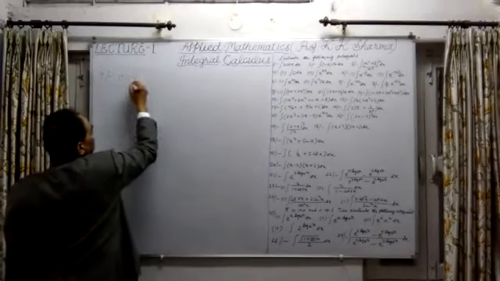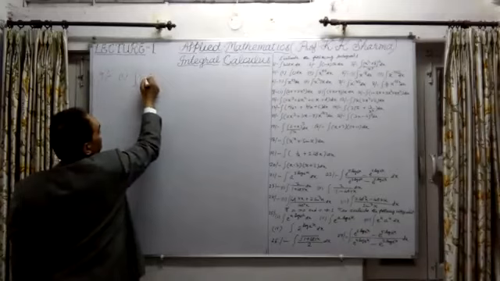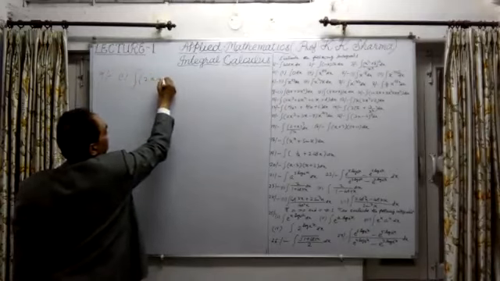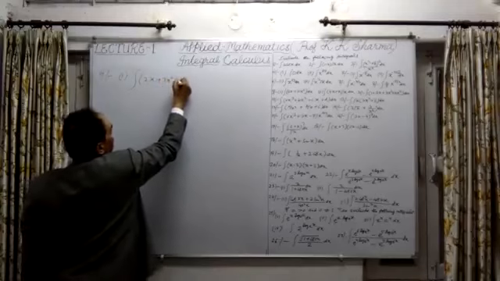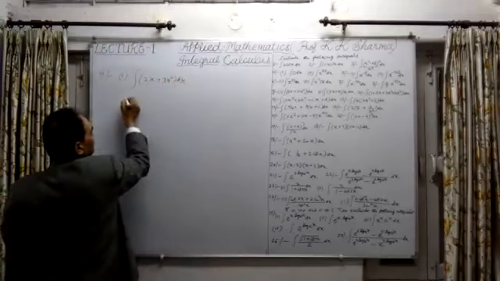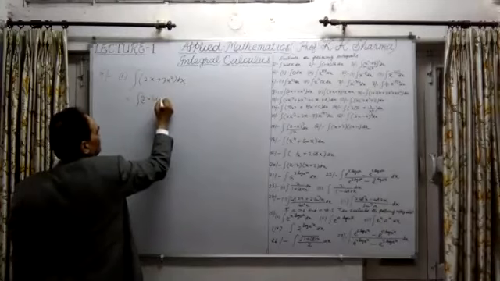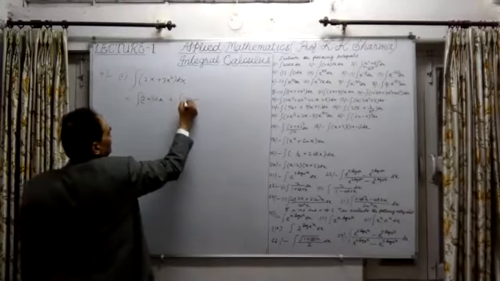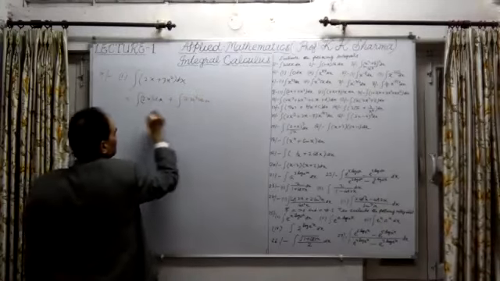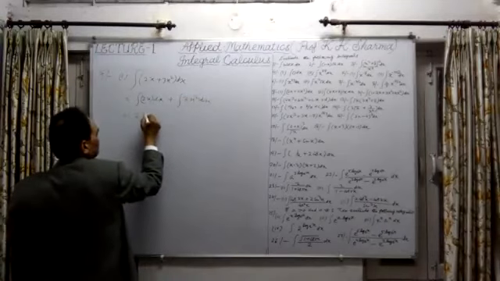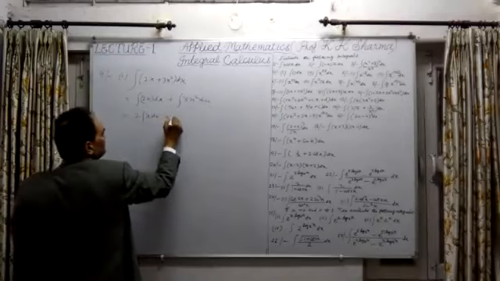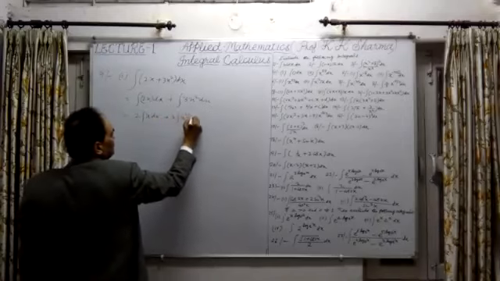The first part is the integration of (2x plus 3x squared) dx. Now this can be written separately, because for a sum or difference we know the integral splits: the integral of 2x dx plus the integral of 3 times x squared dx. Further it can be written as 2 into x into dx plus 3 into x squared into dx.